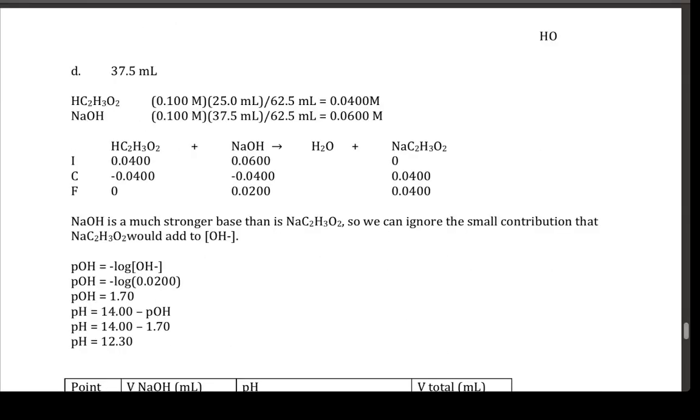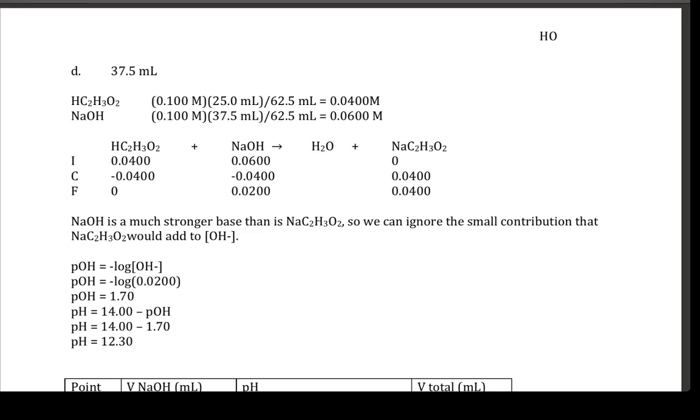So definitely come back and work through these problems at your leisure. Our next addition is a total amount of 37.5 mLs. So we find that once the dilutions have been made, right before the reaction occurs, the initial amount of the acetic acid is 0.0400 molar.